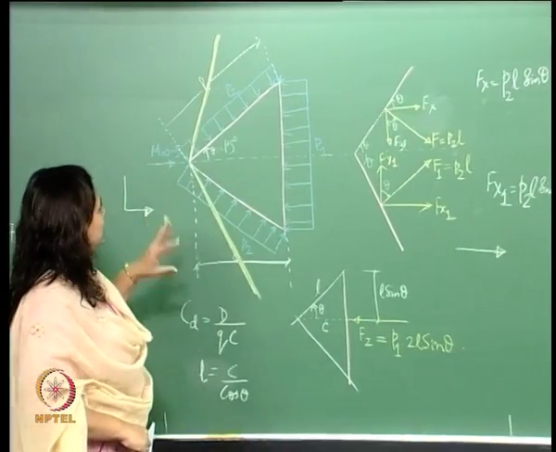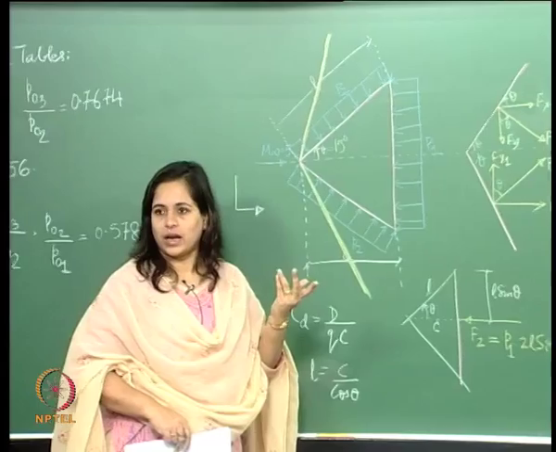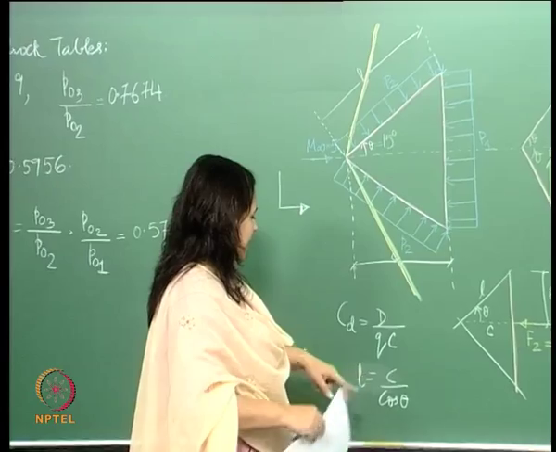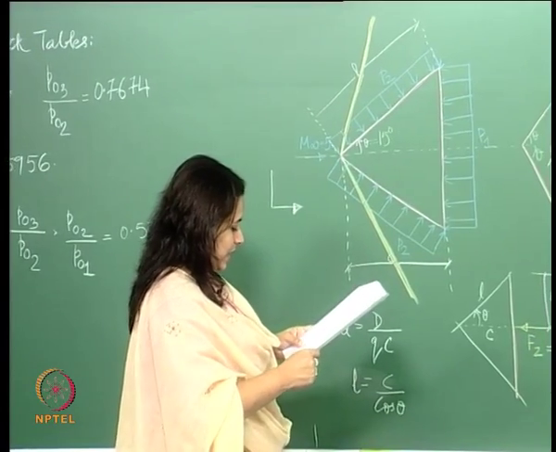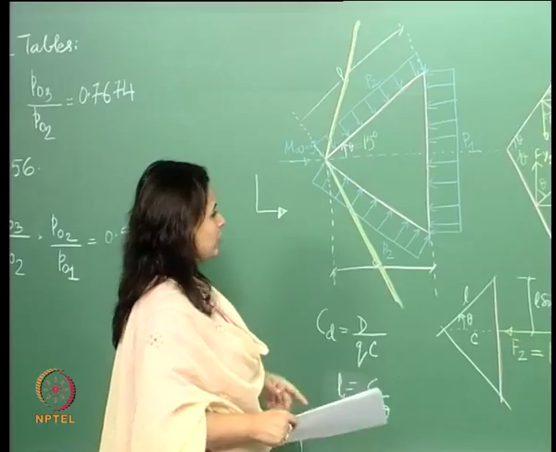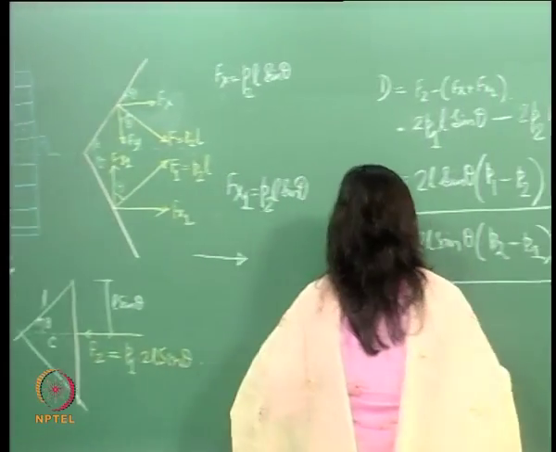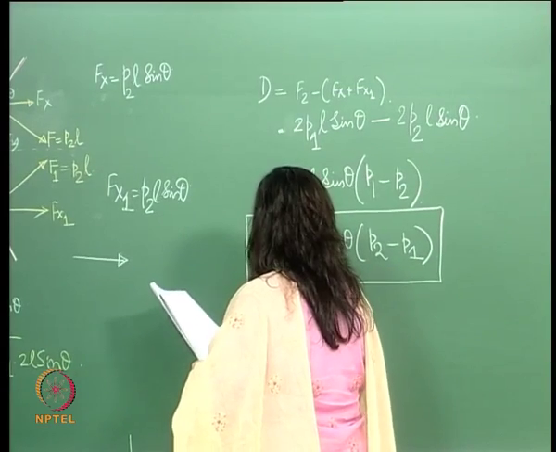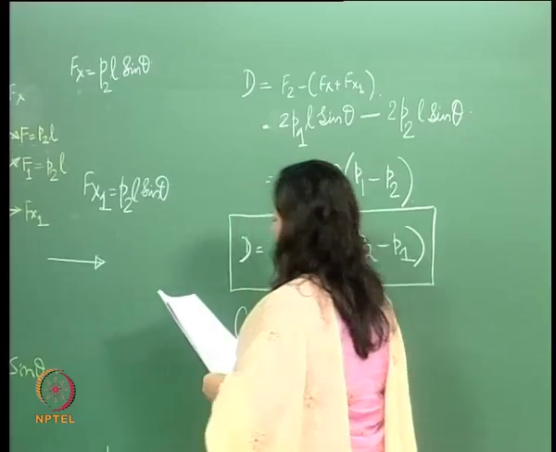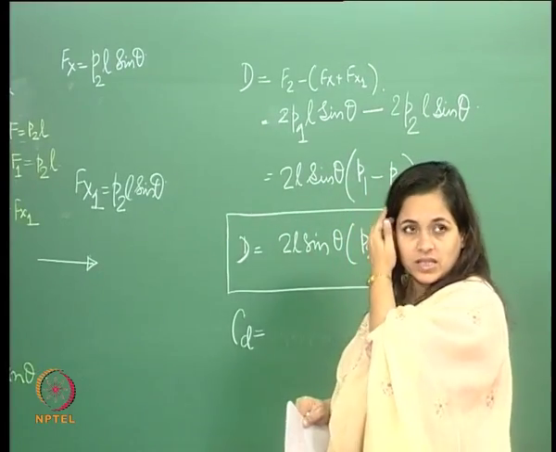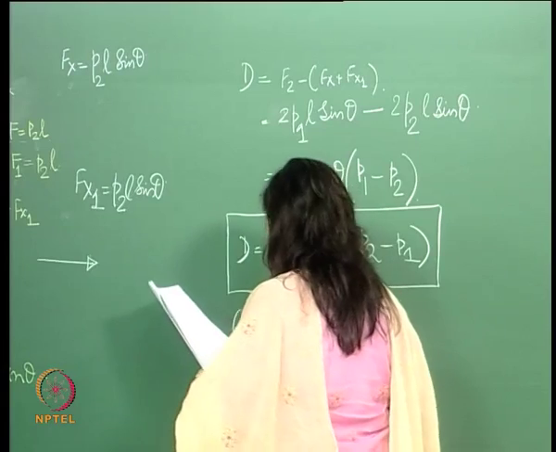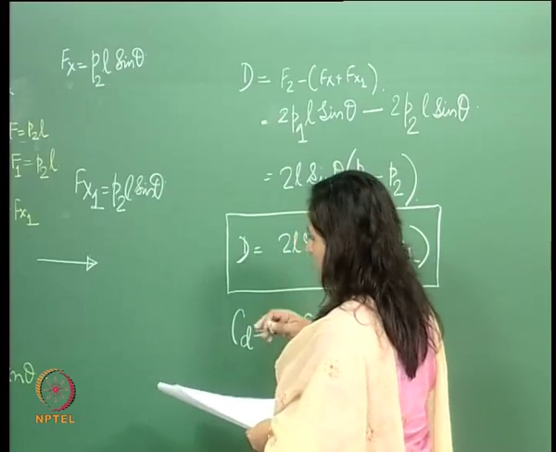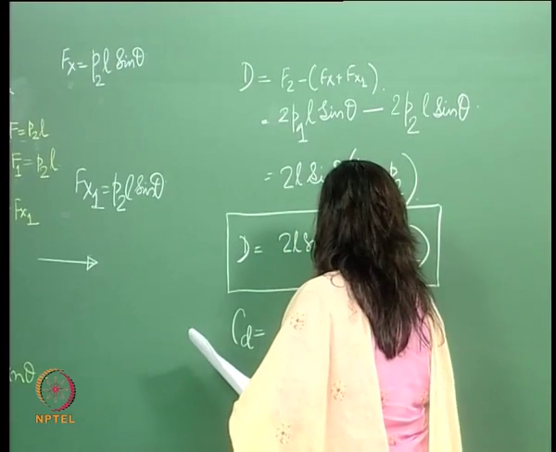Okay, and this theta is kind of acting as an angle of attack. And so I'm going to replace this L out here. Okay, L is equal to C by cos theta. So if I do that here, then CD becomes basically the drag by Q into C, Q into C. So what we get is 2 L is C by cos theta. So then this becomes tan theta, okay.